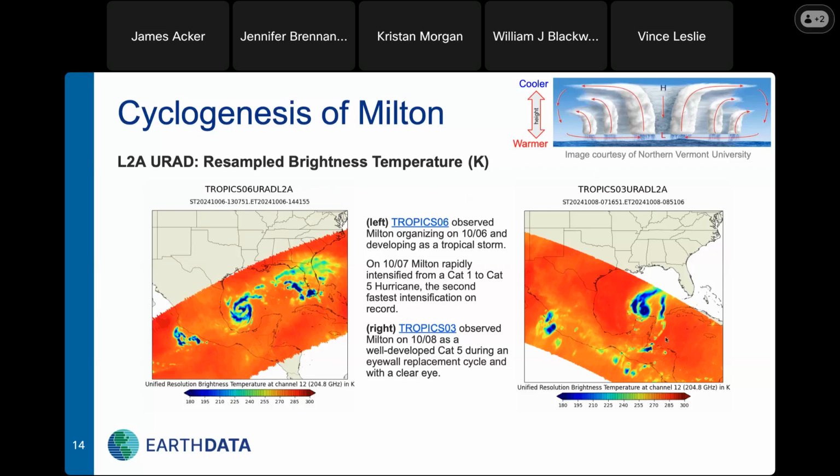You see these warm temperatures here at surface, and you see this very tall, very strong Category 5 cyclone. I have hyperlinks to the specific data sets that were used. On the left, this is CubeSat 6 that observed Milton on the 6th. And on the right, you have CubeSat 3 that observed it on the 8th. These links and much more will be provided near the end of the presentation.